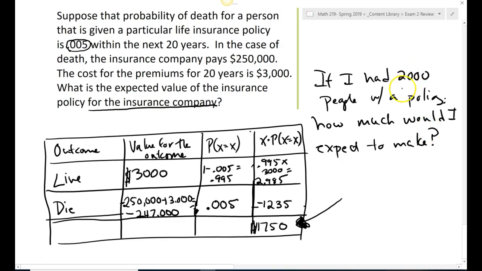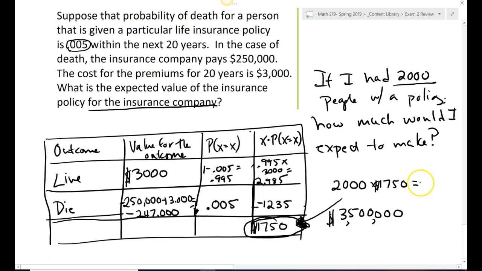Since I have 2,000 people who have a policy and the expected value per person is $1,750, the answer is 2,000 people times the $1,750, which ends up being $3.5 million.